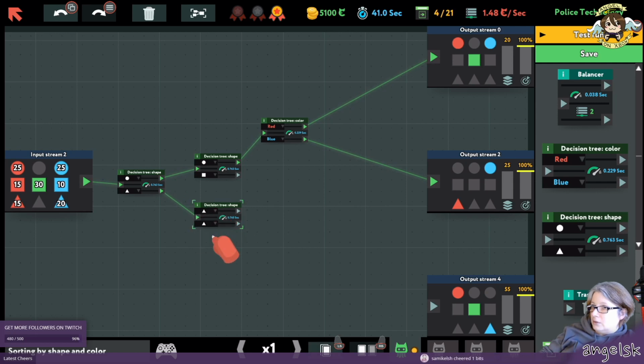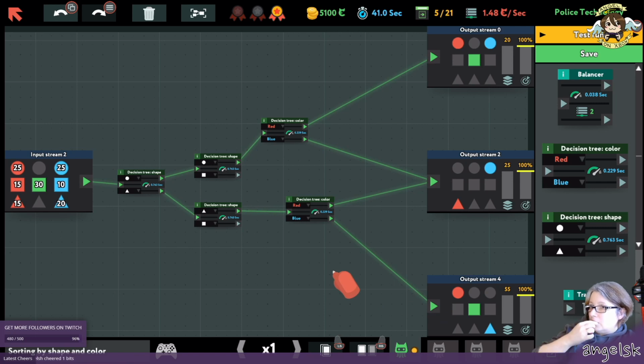Right. Triangles, squares. So triangles, again, red, blue. Okay, so blue triangles give us 20. We need 5 of something else. Okay, so that one's getting red triangles, 15, and blue circles.